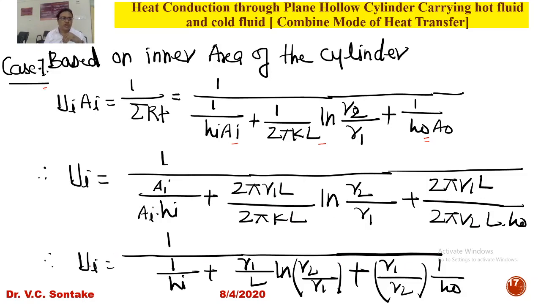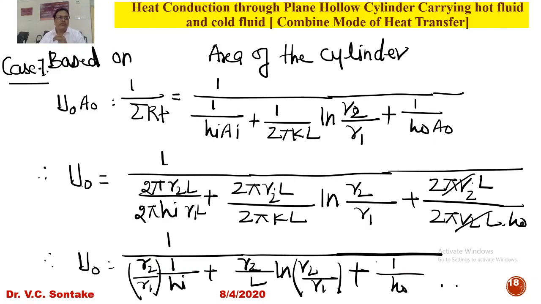After simplifying, I will get the overall heat transfer coefficient on inner area basis equal to 1 upon hi plus R1 by K log R2 by R1 plus R1 over R2 into 1 upon ho.